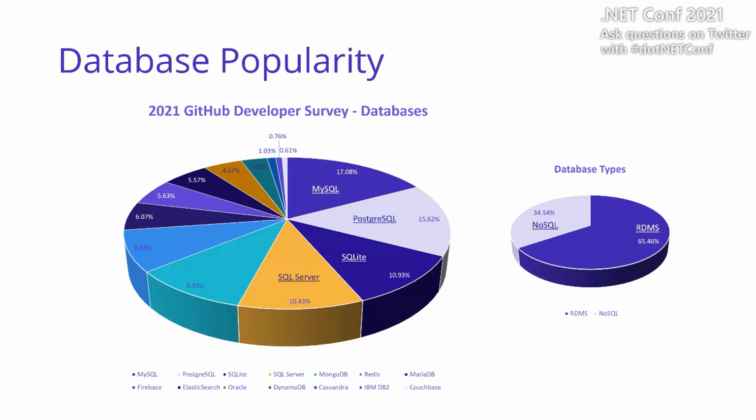By adding multiple database support to it, it opens up a whole new possibility for usage in many more environments. And I also thought that it was interesting, with all of the talk about NoSQL databases in the last decade, relational databases are still very popular. Based on the GitHub developer survey, relational databases still accounted for 65% of the overall usage, which is quite significant.